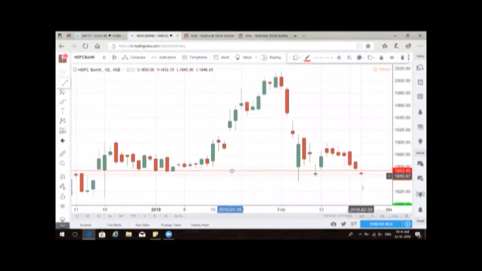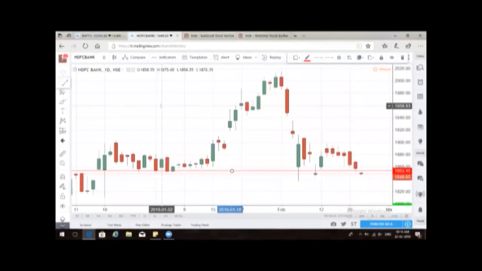On the downside there is clear visibility of 1820 or 1815, and a downfall of around 2% is easily possible, which is not a good sign. We can see the Bank Nifty expiry going further down if HDFC Bank does not support.